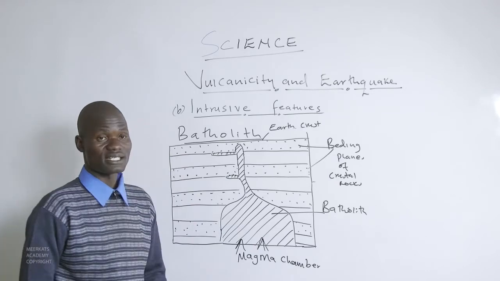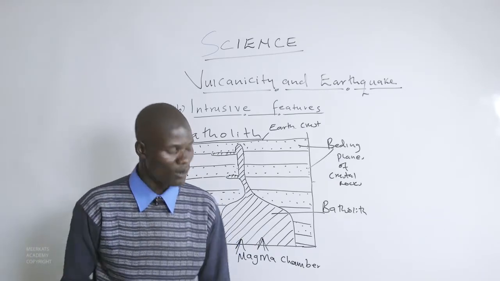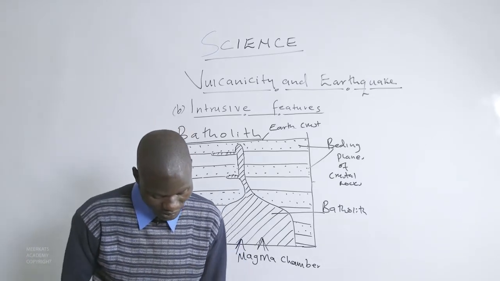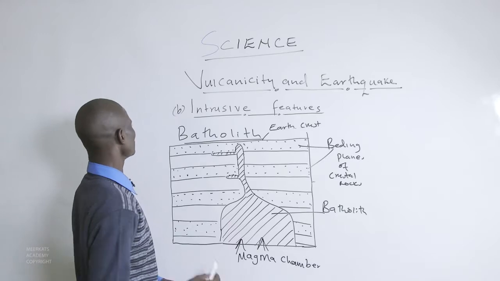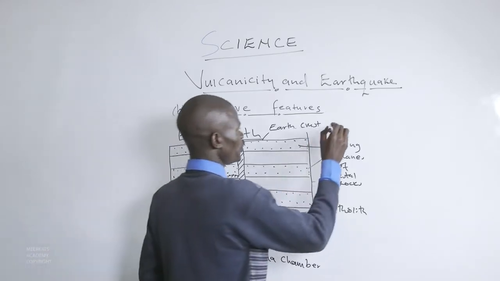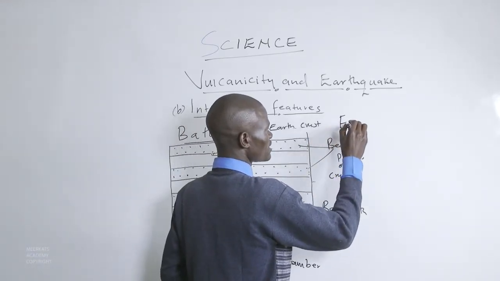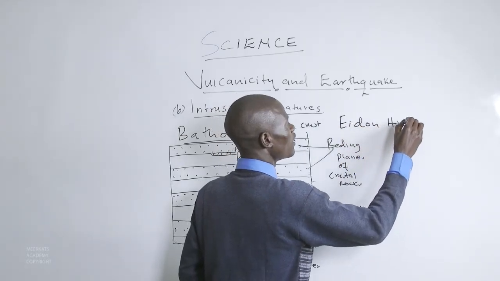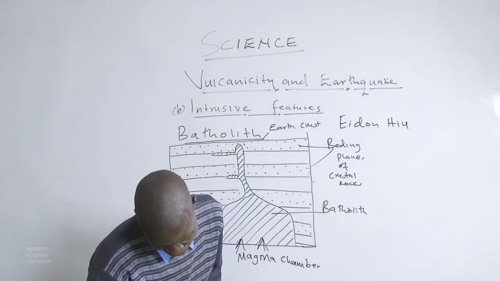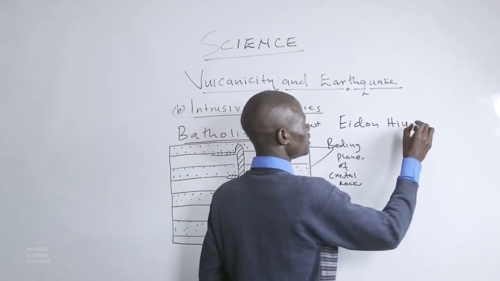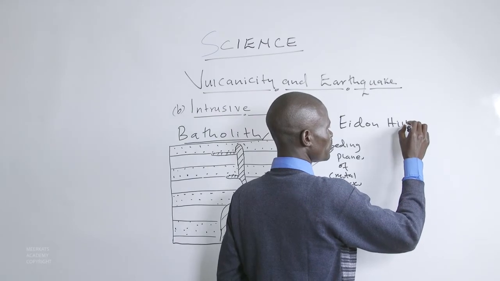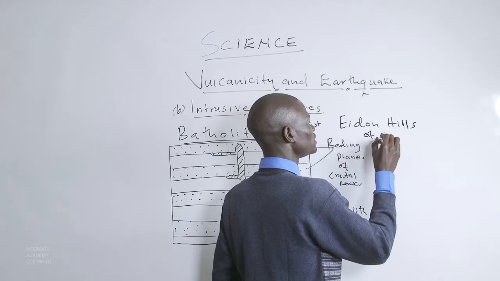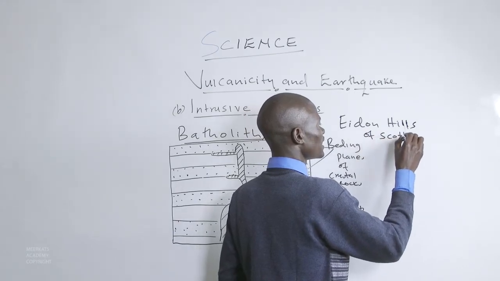And we have various examples. I will mention one example of a batholith that has been formed in some regions of the world. We call it the Eildon Hills. They are found in Scotland.